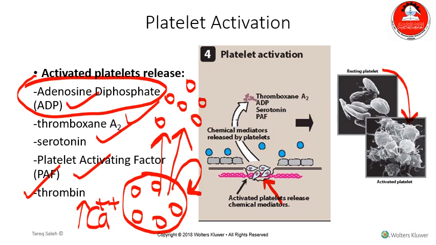And once they are bound to exposed collagen, meaning that there is a physical injury, they are immediately activated and they start immediately triggering the release of many other platelet activating factors that will recruit more platelets and result in platelet activation.